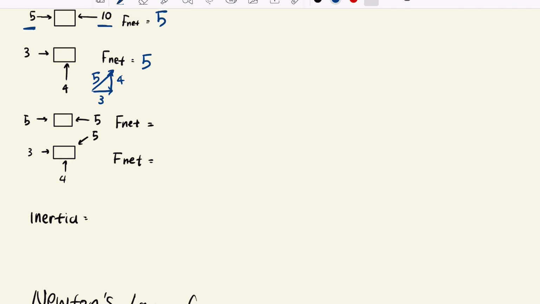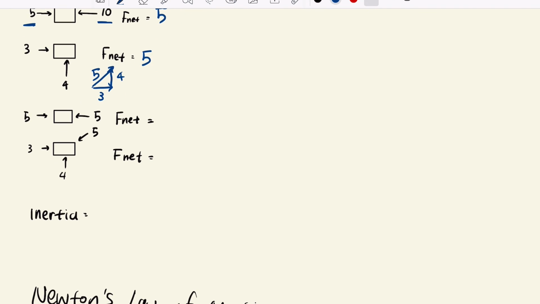However, compared to these two cases, if there's 5 and 5 acting towards each other, F net would be 0, because they cancel out. And similarly here, if we see 3 towards the right, 4 up, but 5 back down, the 5 here cancels out these two. So the F net here would also be 0.